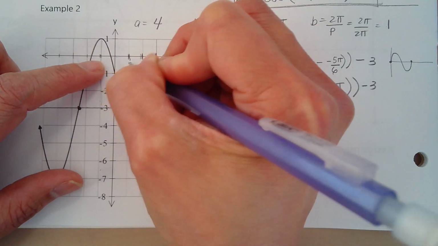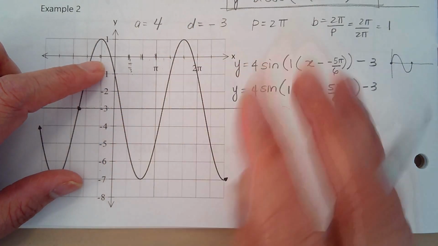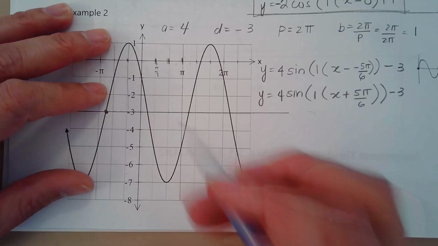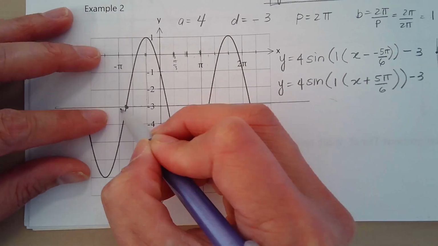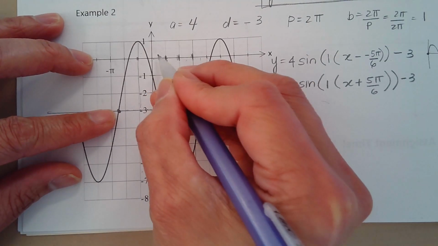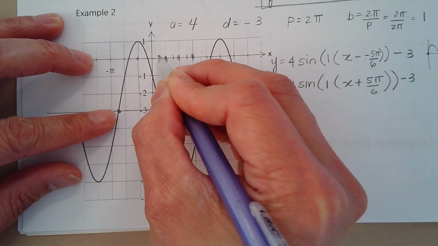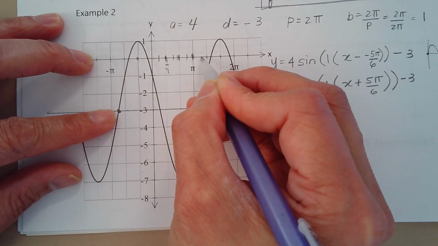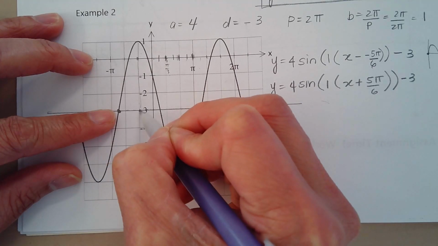over 3, right? Pi over 3, 2 pi over 3, 3 pi over 3. Now this one over here is the start of the graph, in the middle. So if this is pi over 3 and we cut the middle parts, then that's pi by 6.